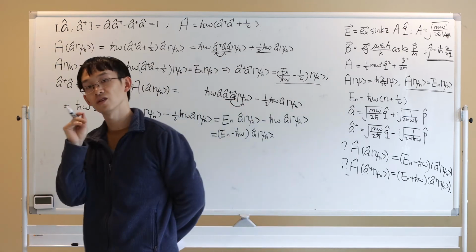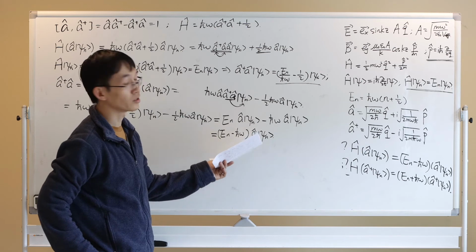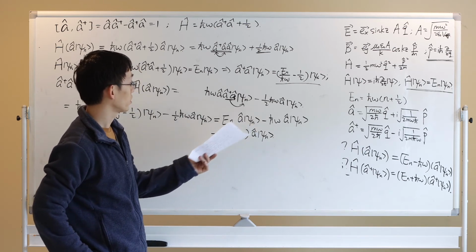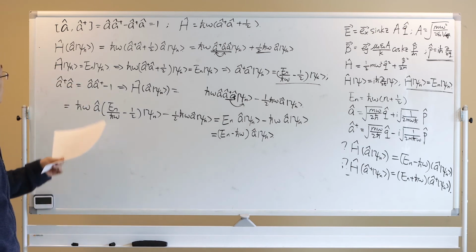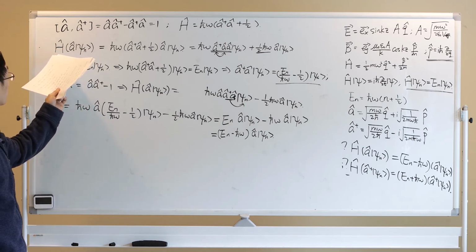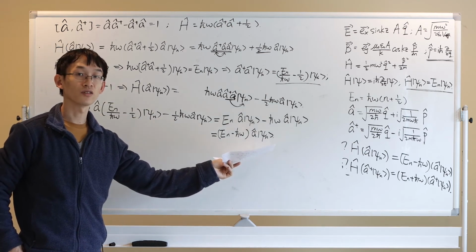So what it tells you is that a psi n is indeed an eigenfunction of your Hamiltonian, because when you apply the Hamiltonian onto it, it gives you a number, and the function remains itself.